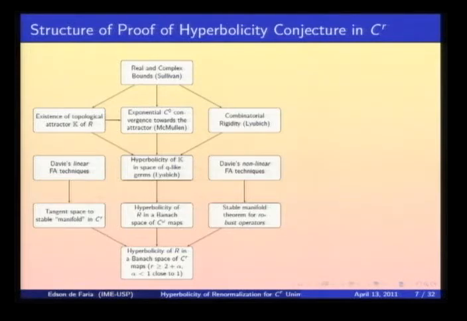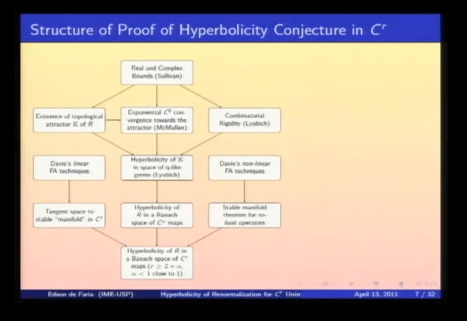These arrows, I should warn you, when you see a box and you see an arrow joining this box to another box, this doesn't mean that this implies that per se. It just means that what you see here in the source is a crucial ingredient in proving the target. Okay? And in fact, if I was going to be really honest, there should be an arrow going from here to almost everywhere here, directly. But in any case, because the bounds are used over and over again.